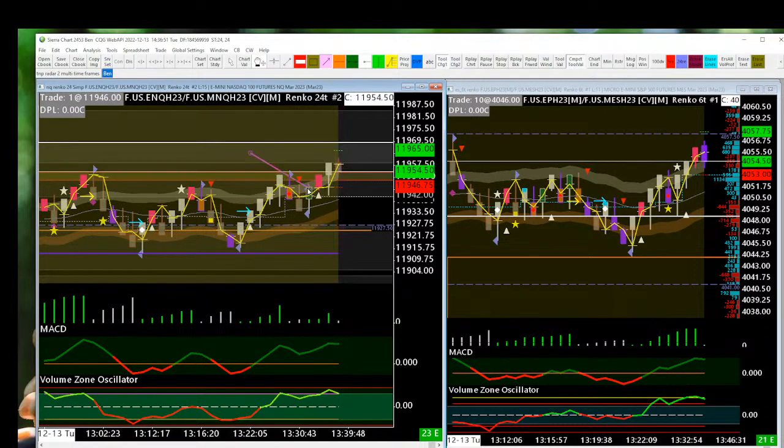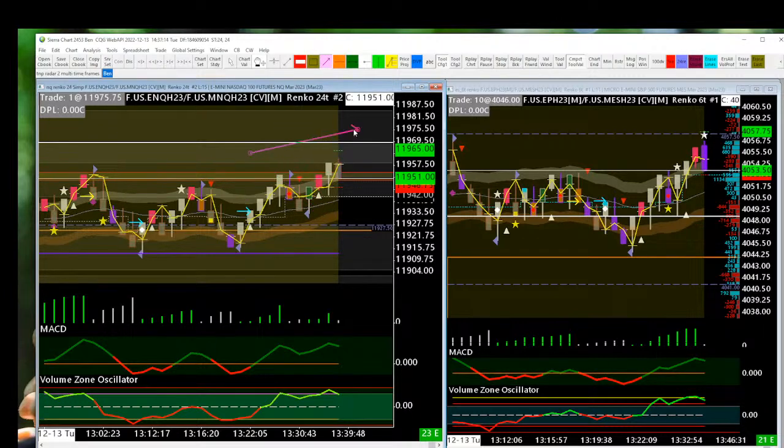Like if this was a long signal, the trigger would be when the bar closes, and then you determine whether or not that's a signal, and then your actual entry can be anywhere in the range of the bar. So like if the signal triggered here, you could get it immediately. Otherwise, you can wait for a retest on the next bar and then buy it.